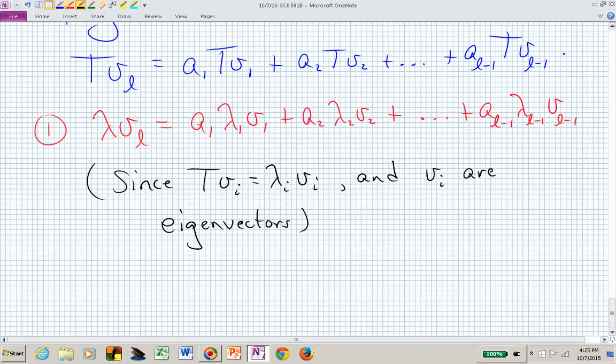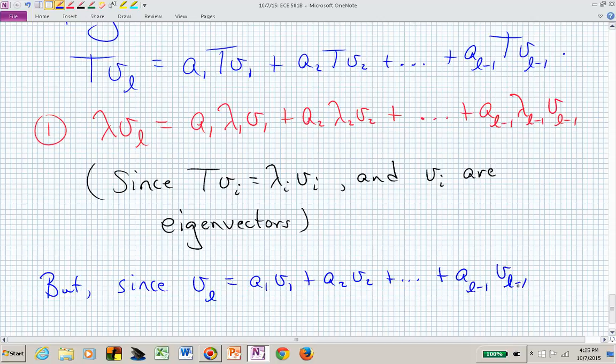Now we also know, or we can return to our equation for v sub L. We've written that as a1 v1 plus a sub 2 v sub 2 plus a sub L minus 1 v sub L minus 1. We know that's true.